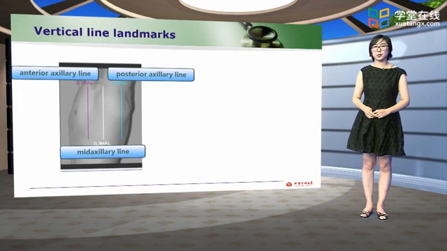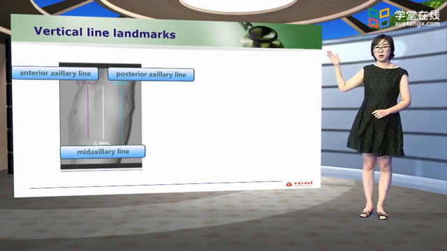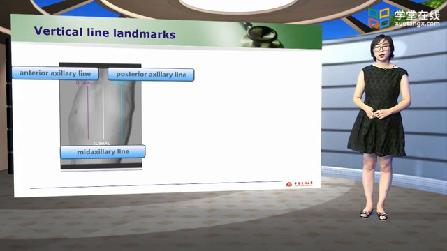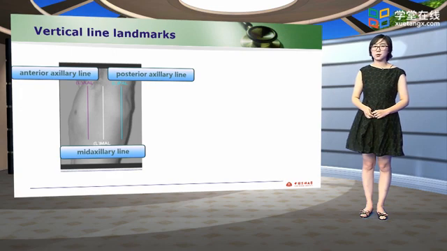The posterior axillary line is just through the posterior axillary fold and runs along the posterior lateral wall of the chest. At last, we see the mid-axillary line. Mid-axillary line is just through the apex of axilla, and then it is just in the middle of the anterior and the posterior axillary line.